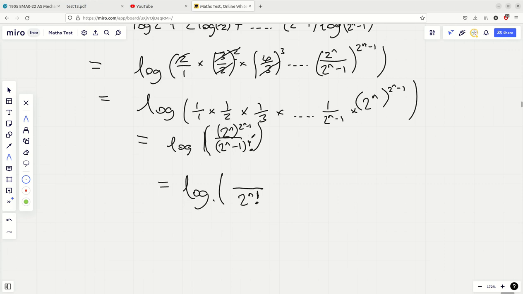And if I times this by 2 to the n, I've got 2 to the n to the power of 2 to the n, take away 1. Let me make that very clear, because I'm getting a series of indices. And if I times that by 2 to the n, we've got something to the power of 1 times that, we add the powers, so you get 2 to the n to the power of 2 to the n.